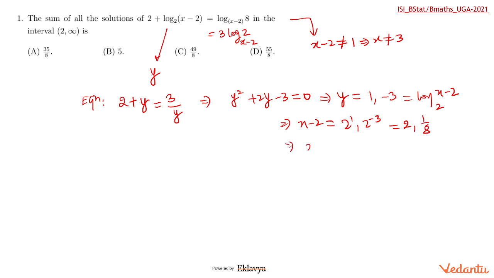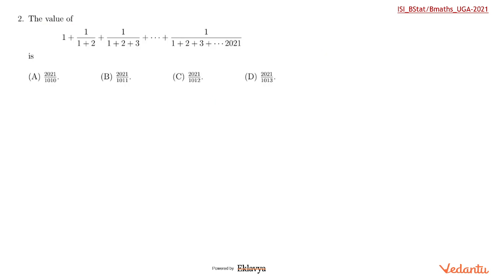So the value of x is 4 and 2 plus 1 by 8. They are asking about the sum of all the solutions, and both lie within the domain. The sum is 6 plus 1 by 8, that is 49 by 8, and the answer must be C. Now coming to question number 2, the value of this series.